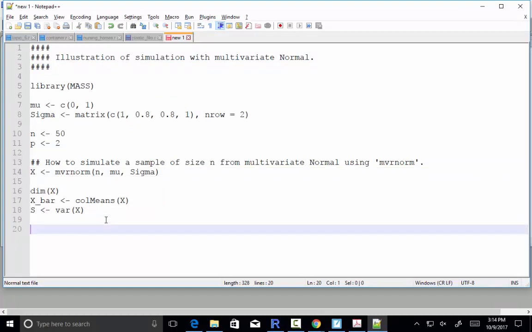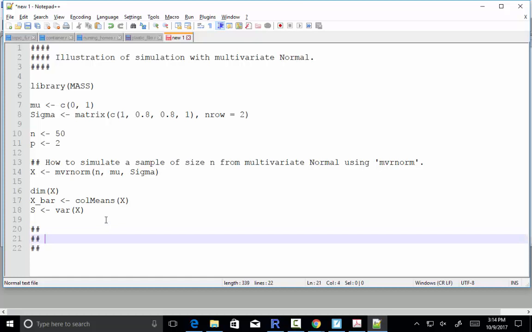So then suppose I asked you to do a simulation. Simple simulation. For each of, let's say, capital N times, simulate a sample of size n from the above distribution.